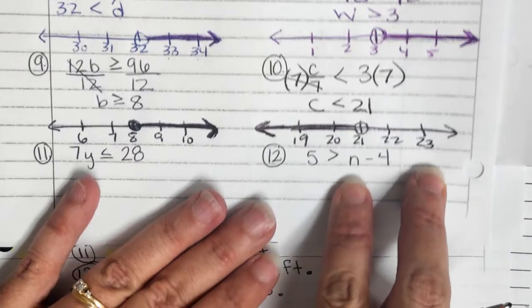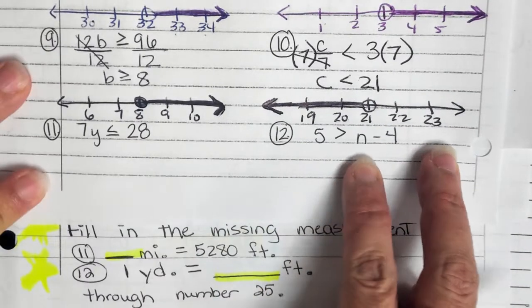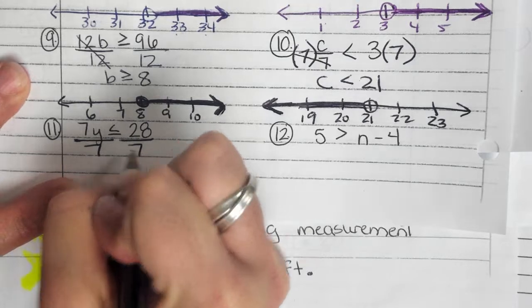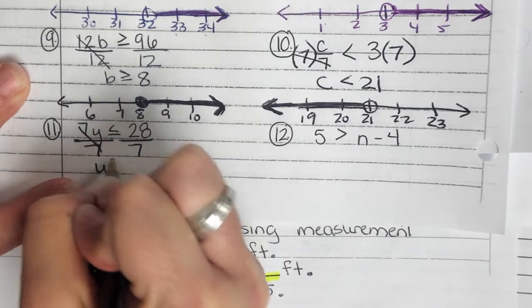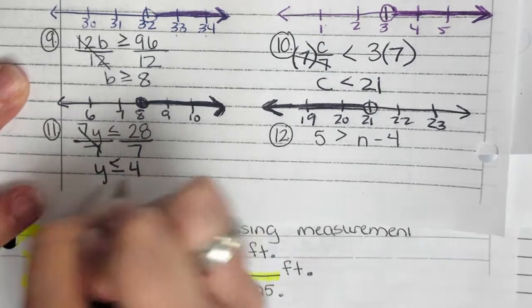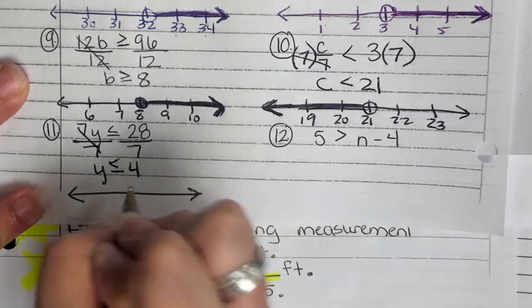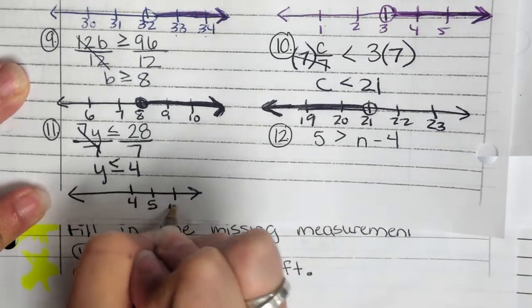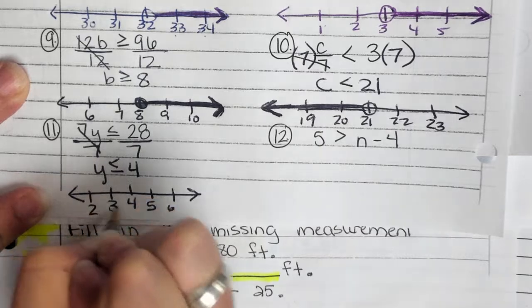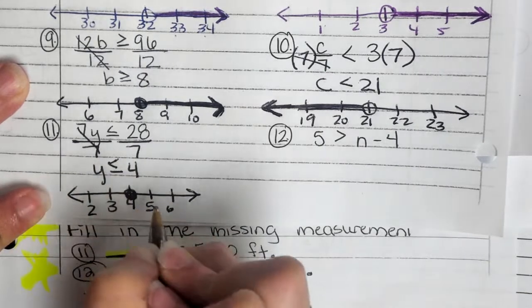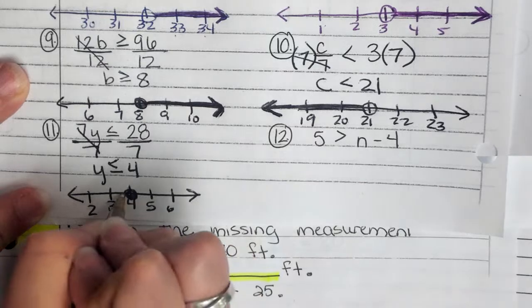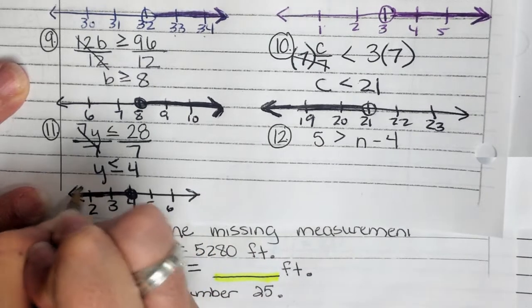Okay. And then the last two, we have 7y, 7 times y, so the opposite is divide. Making a number line. 4 would be in the middle. We have a closed dot on 4, and y is less than or equal to 4, so we're going this way.